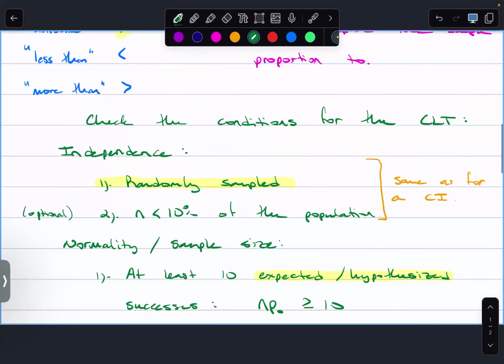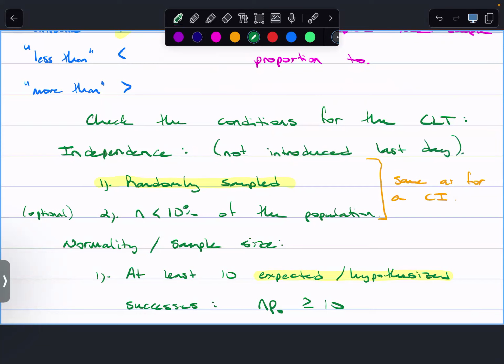I should make a note: this was not introduced last day. This is the first time we're seeing it. It's part of the review, I guess, but I'm sneaking it in there.